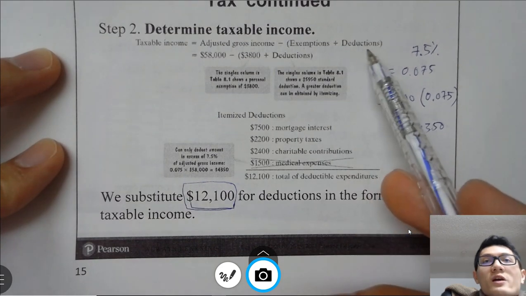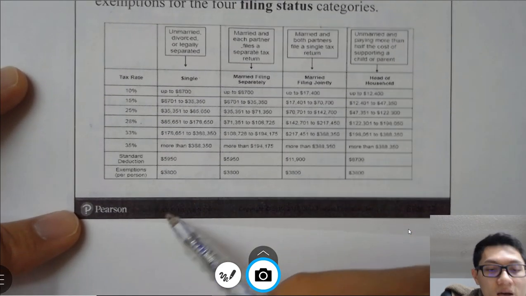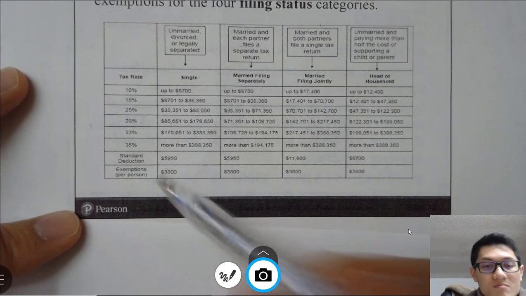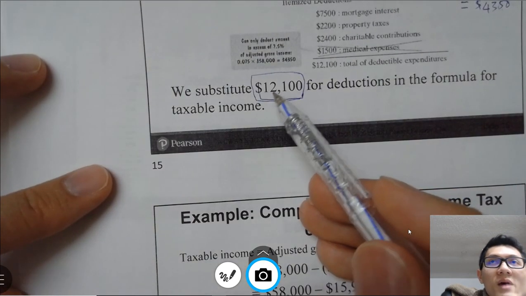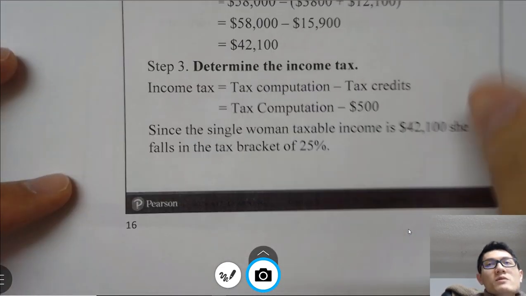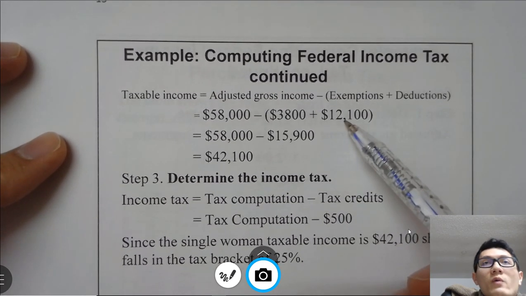The reason that we don't take the standard deduction is because it's only 5,950. This is small compared to her itemized deduction. So we take the higher value. Okay, so after that, we plug the values here, and we got her taxable income.